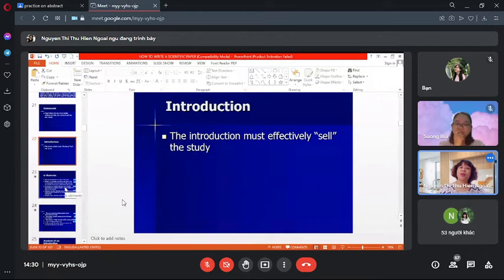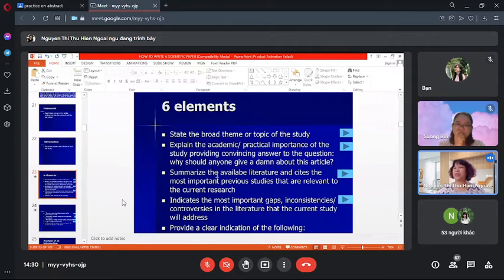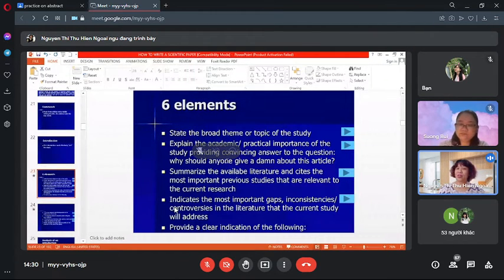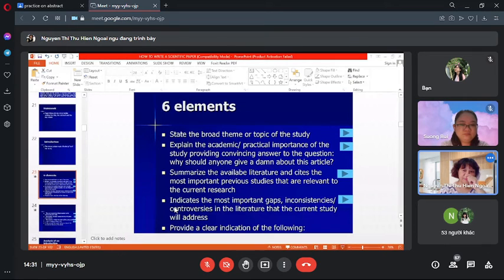Okay, right. So that is the first thing that you have to remember about the introduction. Now we come to the elements of the introduction. I will go from the beginning through the details of each part, right? Remember that we have six elements here. The first element of the introduction is to state the broad theme or the topic of the study.